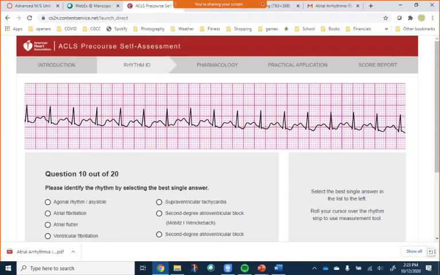All right, this one's a little bit on the odd side. What do you think? Let's look at the rate. It's always good to collect yourself with a rate. 1, 2, 3, 4, 5, 6, 7, 8, 9, 10, 11, 12, 13, 14, 15, 16, 17.